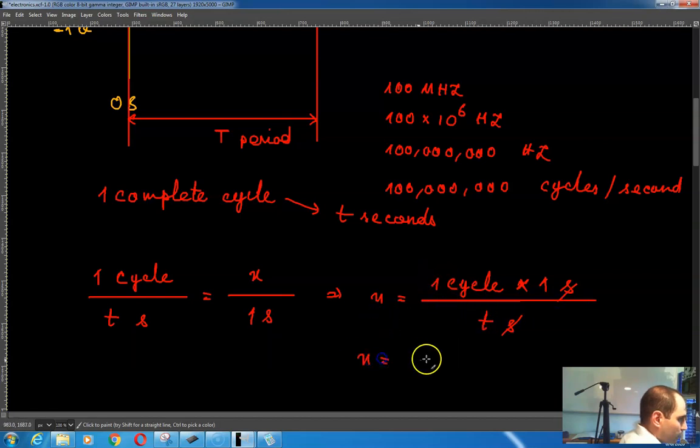So x would be equal to 1 divided by t cycles.